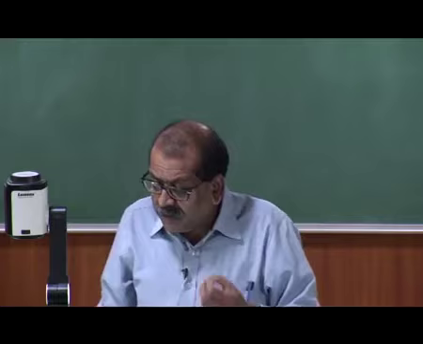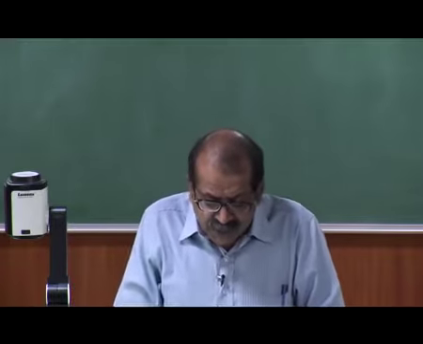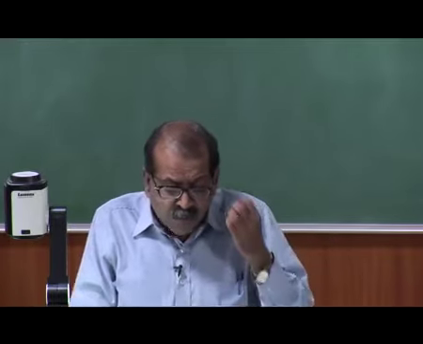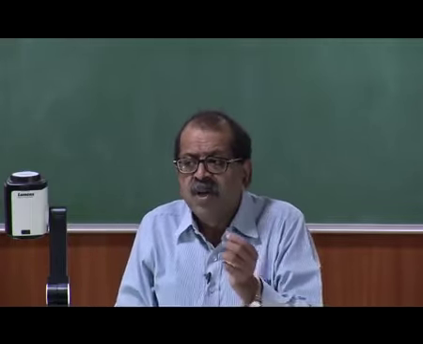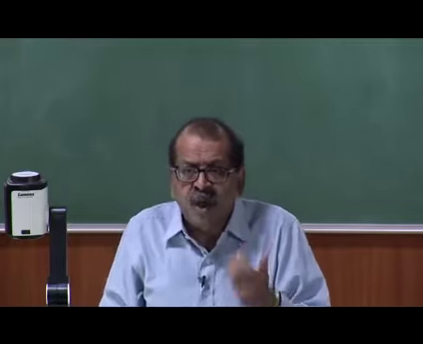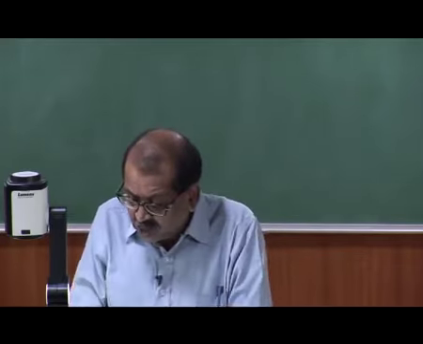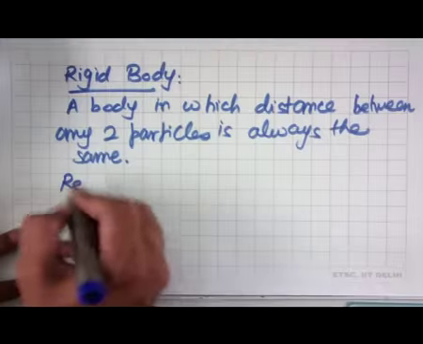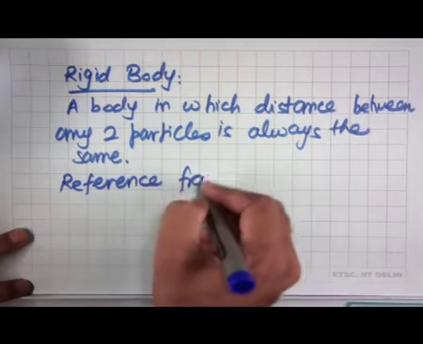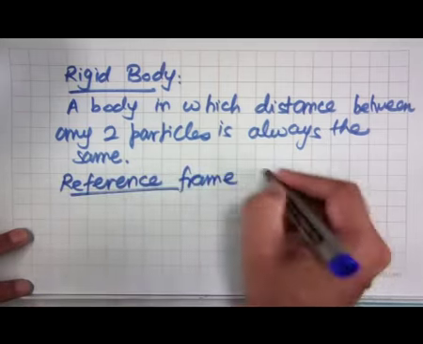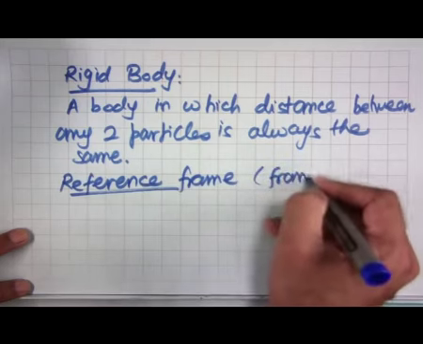Now, whenever we talk of mechanics here, we are talking of motion of a point, and to observe how a point is moving, we require a concept called a reference frame, sometimes also called a frame of reference.